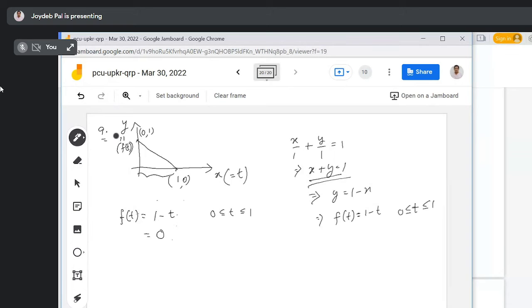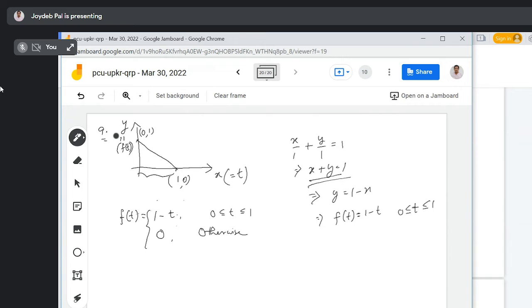Okay, we can write it like this as a piecewise function. Do you get it? Yes, sir. That is the equation of this graph of this straight line.